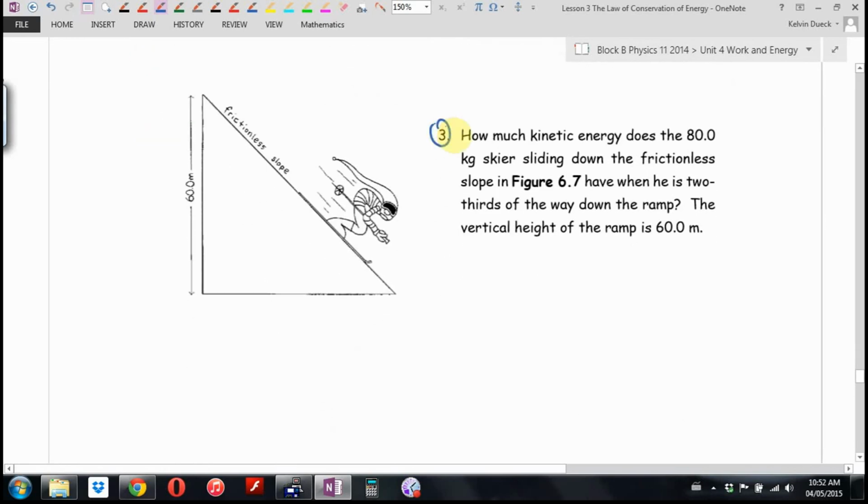Part 3. Now, number 3, the final height is 2/3 of the way down the ramp. What's the height of the ramp? 60. What's 2/3 of the way down? What's 1/3 of 60? 20. So your final height, that's your final. Not 0, sorry, but okay.